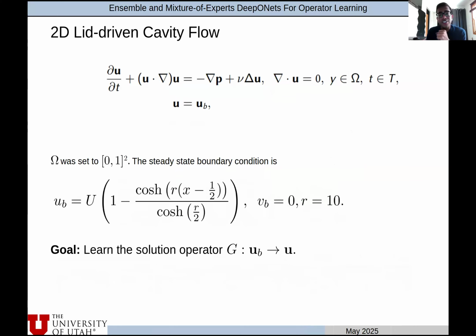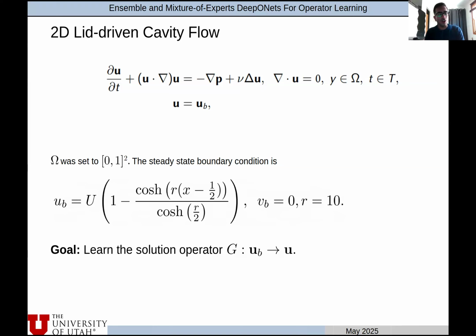Okay, so the next 2 problems that I'm talking about come from the fair comparison between DeepONets and FNOs paper. One of them is the 2D lid-driven cavity flow, where we have the Navier-Stokes equations, and we have a 2D domain, and the upper lid starts moving suddenly with some velocity.